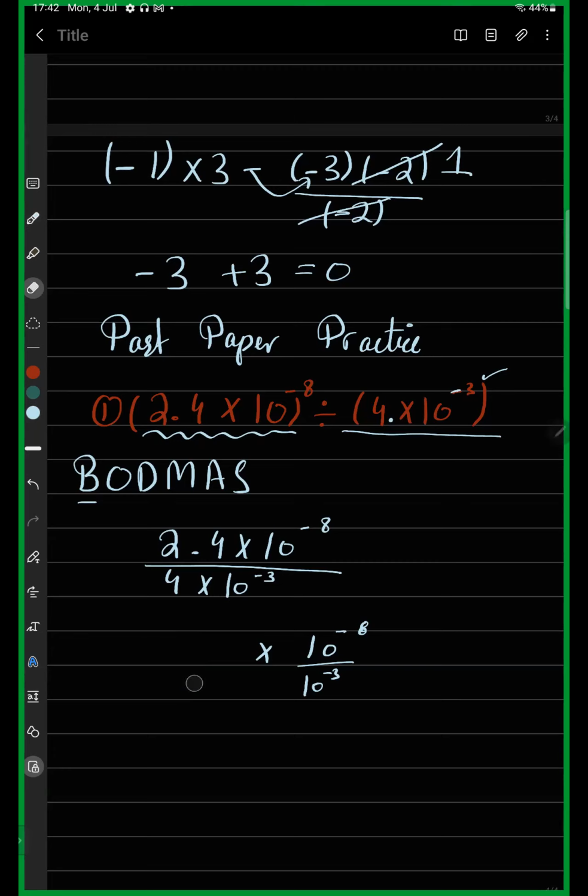So for this one, what we can do is we can rewrite this thing. I can write 2.4. I need to move this decimal 1 unit to the right. So I can write it as 24, and it is being multiplied by 10 power minus 1, and everything would come as it is.